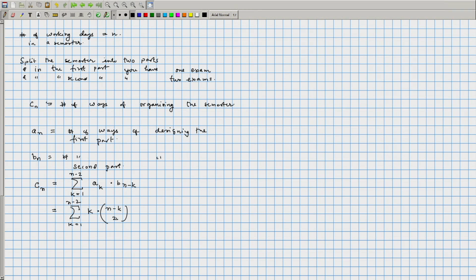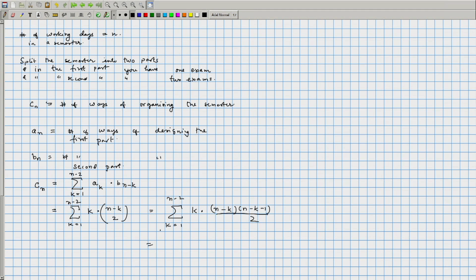You can expand it out and work out. So, that is going to be summation k equals 1 to n minus 2, k into n minus k into n minus k minus 1 by 2.